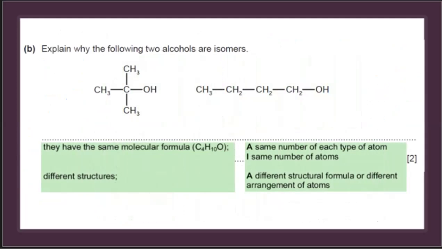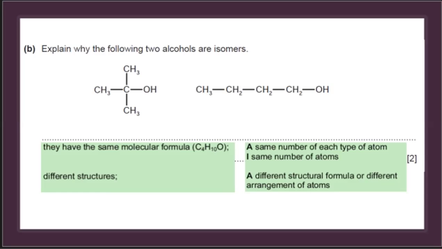All right, next question. Explain why the following 2 alcohols are isomers. Remember, when we speak of isomers, they have the same molecular formula. They have the same number of carbons, hydrogens, and oxygen.